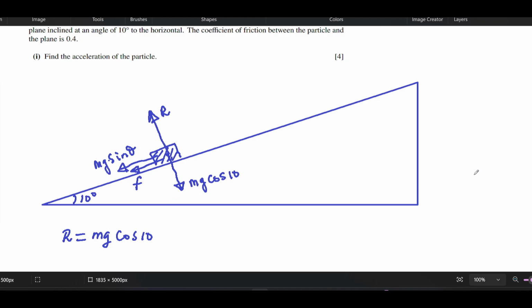Well, I did put theta here and I put 10. That was just a misnomer because I know that the angle is 10 degrees. So mg cosine 10 is the value. And if you plug in the values, that will give you 0.8 times 10 multiplied by cosine of 10 degrees.